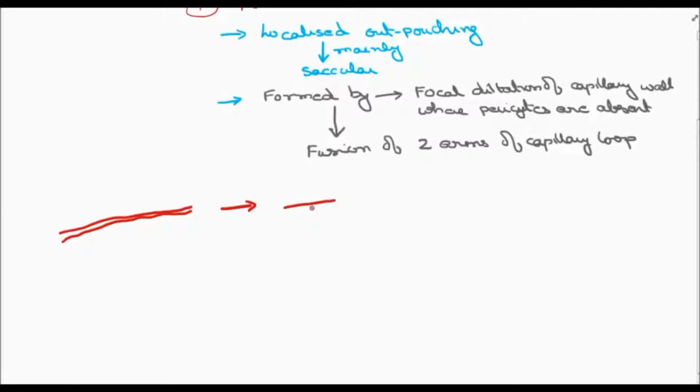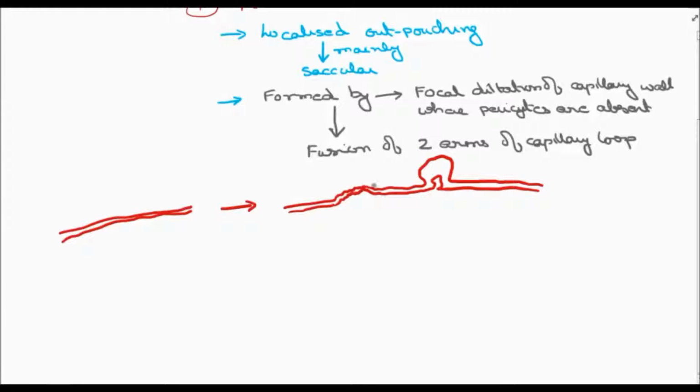So the first picture is a normal capillary, and now the diabetic retinopathy changes occur, which cause focal dilatation of the capillary walls and also of the two arms that have formed a loop.